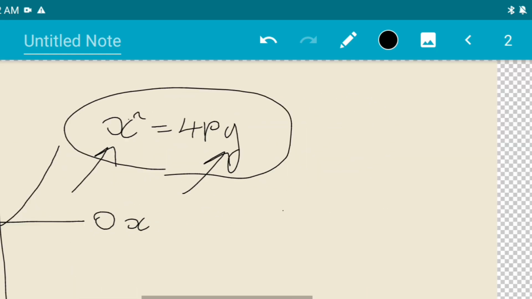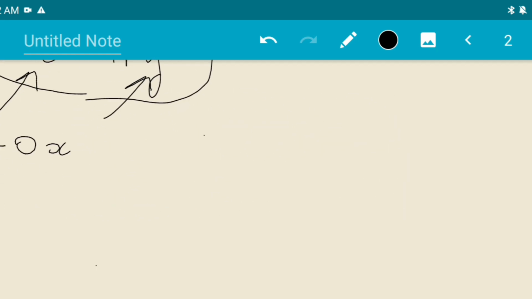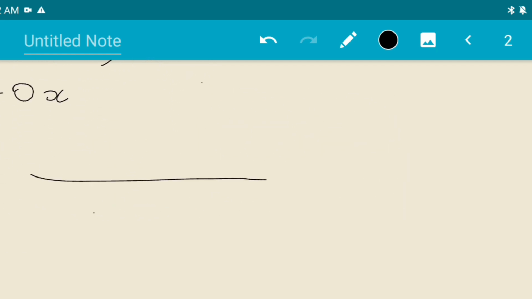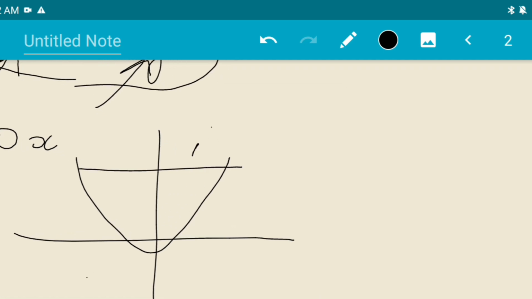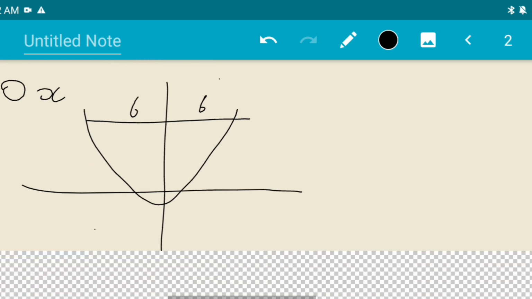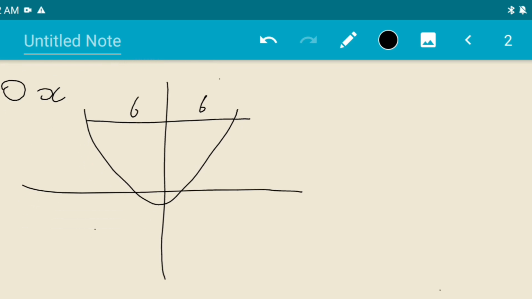So, let me just draw another one here. It looks something like this. Then this here is 12 altogether. Now, what is a half of 12? It is 6. So this will be 6, and then this here will also be a 6. Then how deep is it? It is deep by 6 inches.